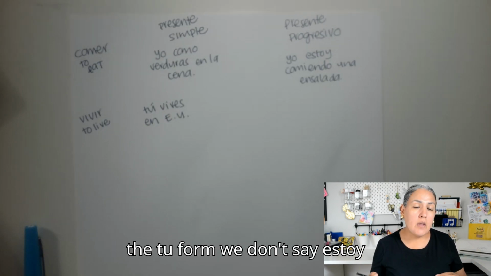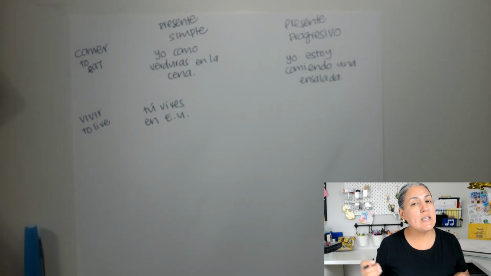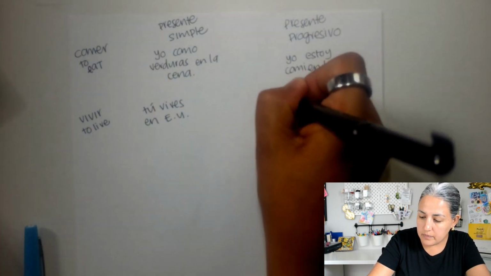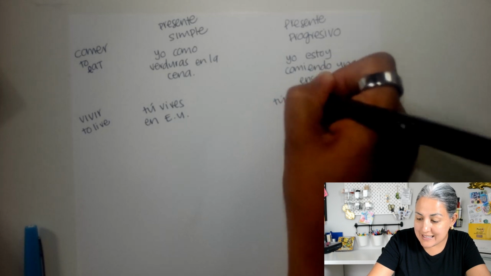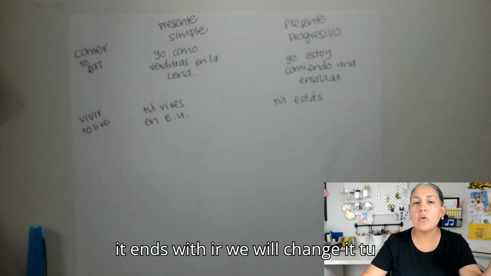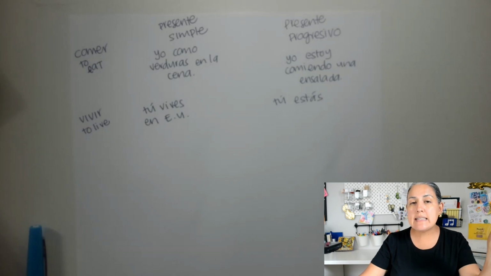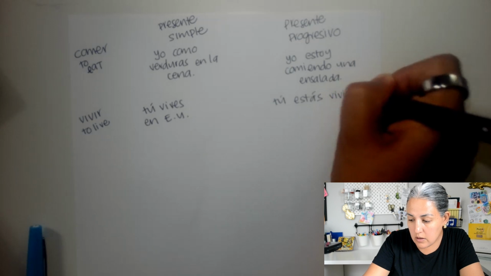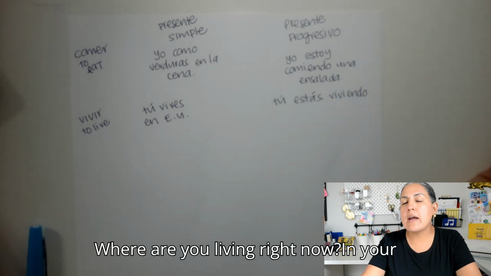Now, in the tú form, we don't say estoy. We say tú estás. Okay, the verb vivir. It ends with IR. We will change it. Tú estás viviendo. Where are you living right now?